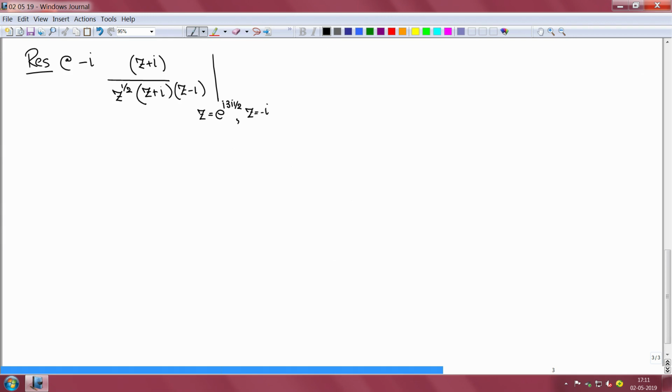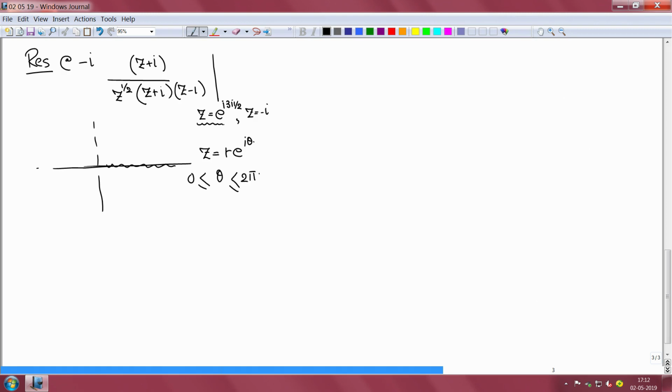Now let me explain why I have this particular expression. Okay, I have a branch cut. And on the branch cut z is written as r e to the power of I theta, varying from 0 to twice pi.